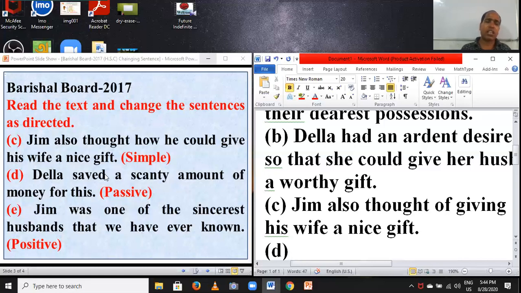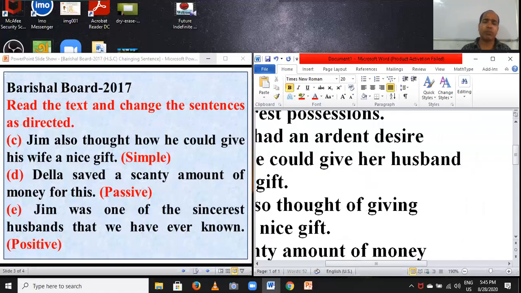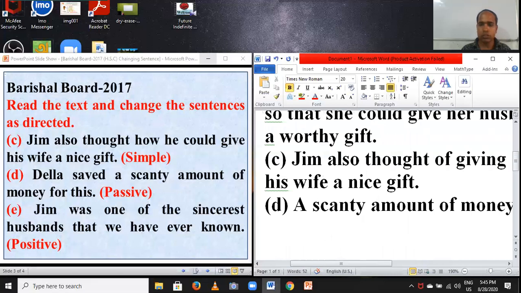Dear students, first you have to set the object, a scanty amount of money, right? A scanty amount of money.